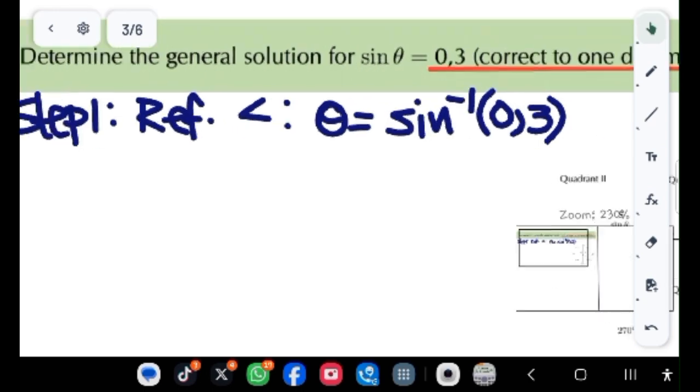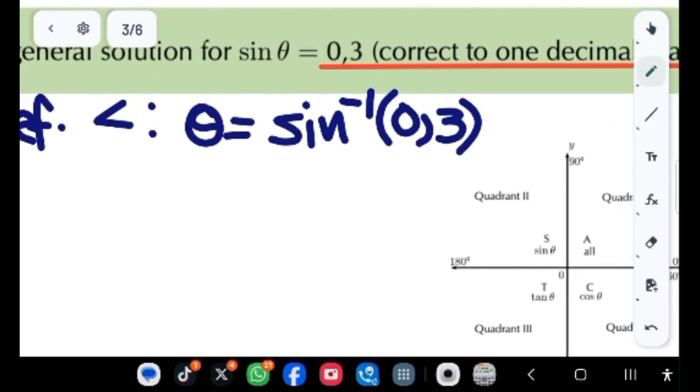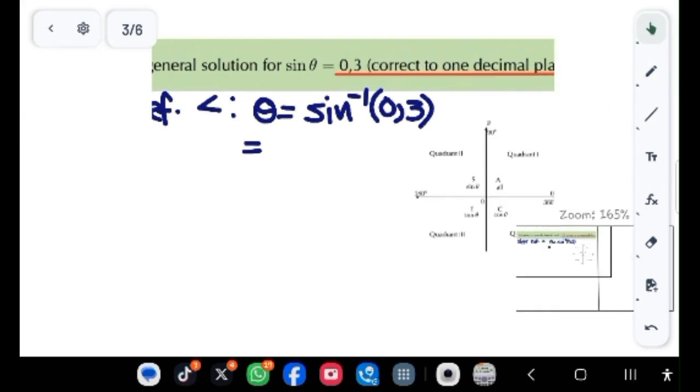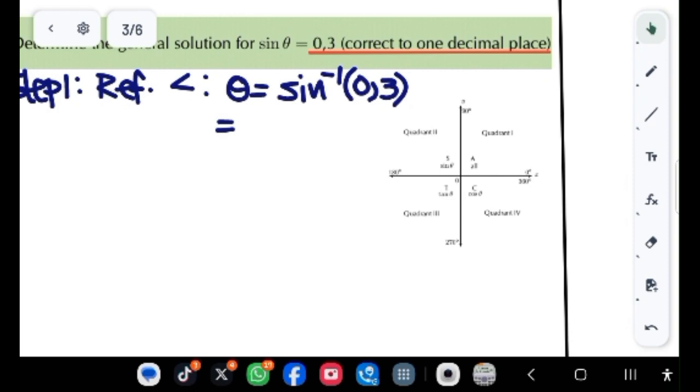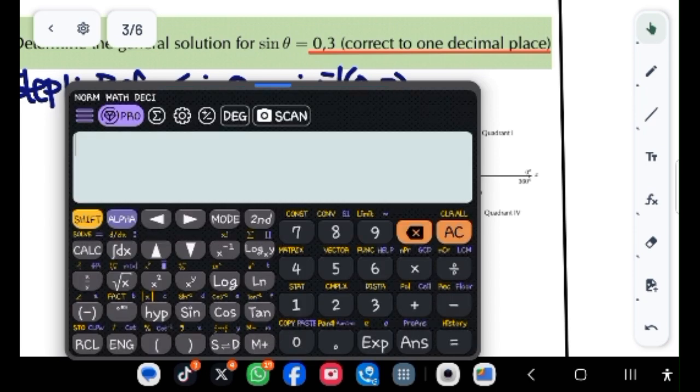So now you take out a calculator, and I'm going to show you exactly how you navigate that. Remember, they said correct to 1 decimal place, so we take a calculator and then we go second function or shift, depending on what your calculator looks like. So that's shift in this case, and then you go sine. It will give you sine to the minus 1 of, and then you go 0,3 inside the brackets, and it will give you the angle.